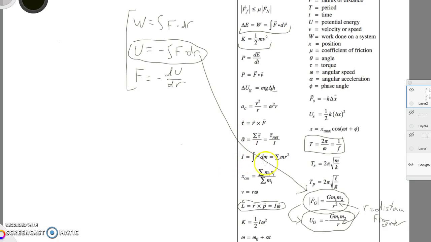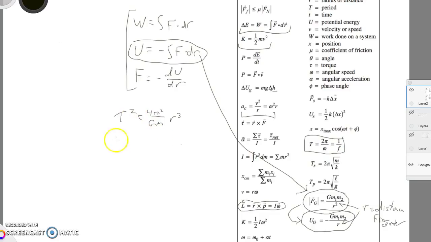Now there are other formulas that we use that are not on here. So for example, Kepler's third law, which is T squared equals 4 pi squared over GM times r cubed. Okay, and that comes out of applying centripetal force to Newton's law of gravitation, and out of that we end up getting this equation here.